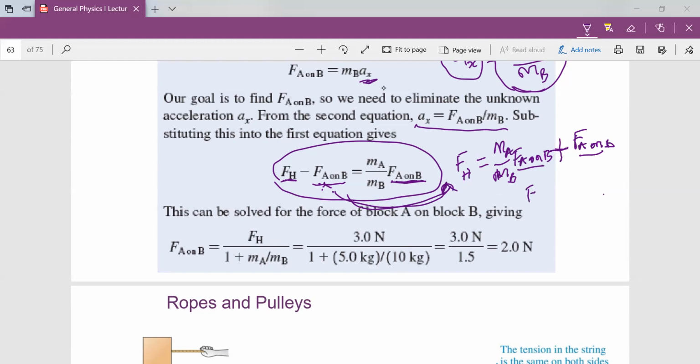If we bring out the like term FA on B, this is the 1 from here, plus. So that is where the 1 came from. When you open it up, it will give you the same thing here. Immediately we'll have this kind of expression, FH equal to this. So make this the subject of formula in this equation: divide both sides by this. Sorry, not multiply, I was reading this apart.